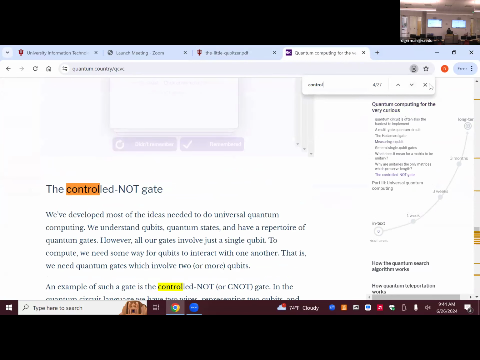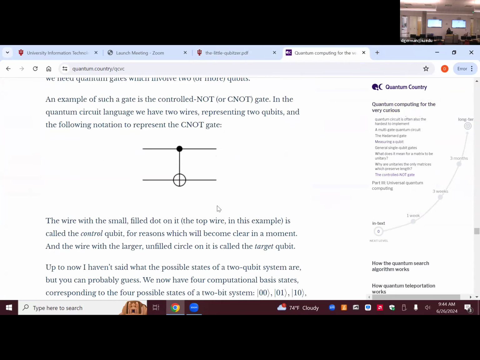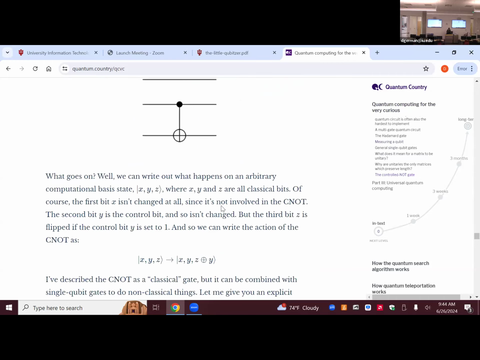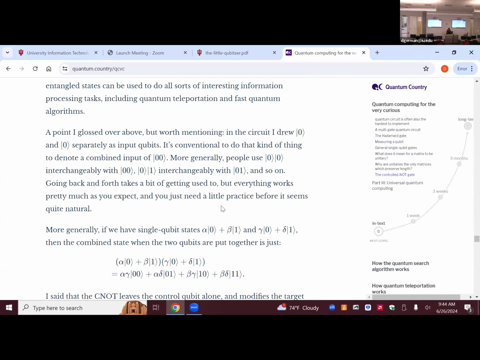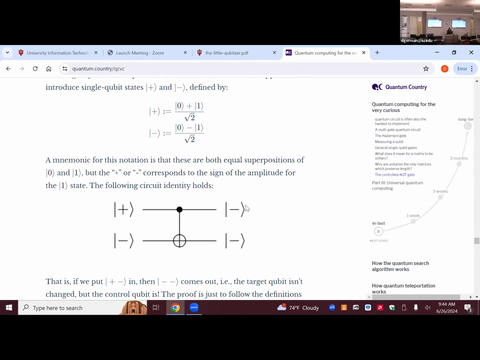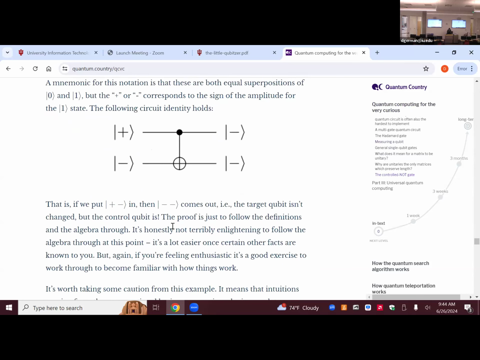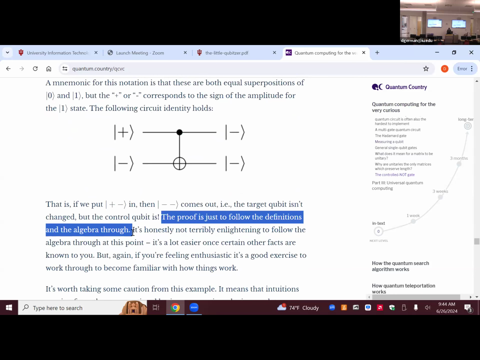So then close this, and as you go back through this, that's the gate, we talk about it. And now it's fundamental because it produces entanglement and so on. And so they say the proof is just to follow the definitions and the algebra through. And I say that's just not acceptable. I mean, it is acceptable in the sense that once you have your two derivations and they agree with each other, you can take the matrix and you say, let's see if the matrix can be the same thing.